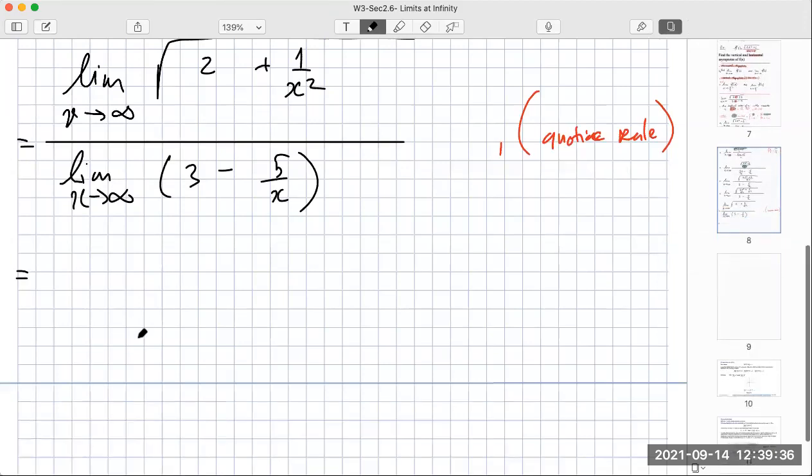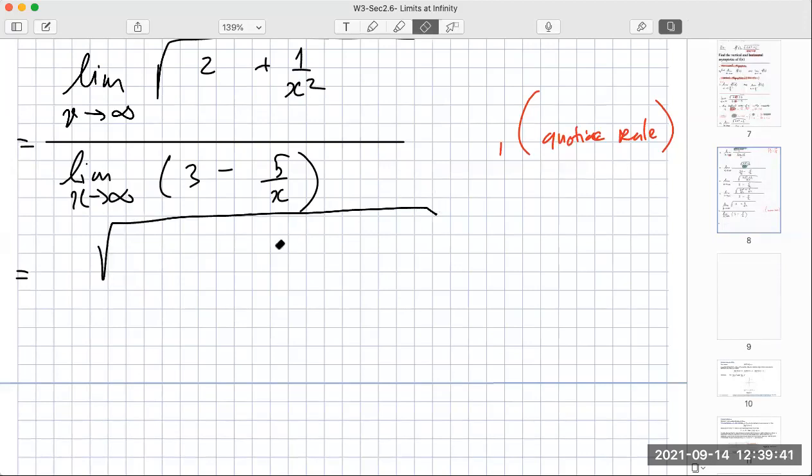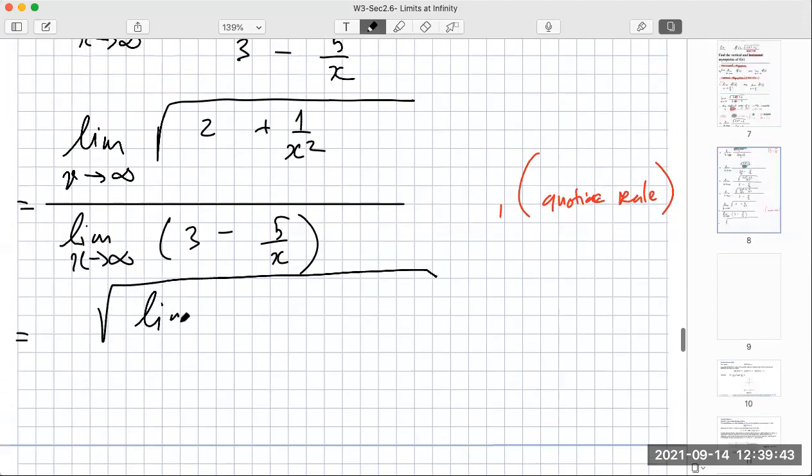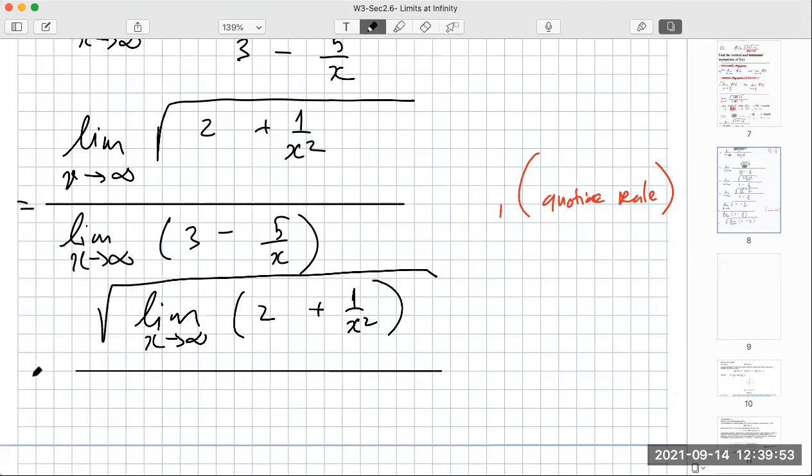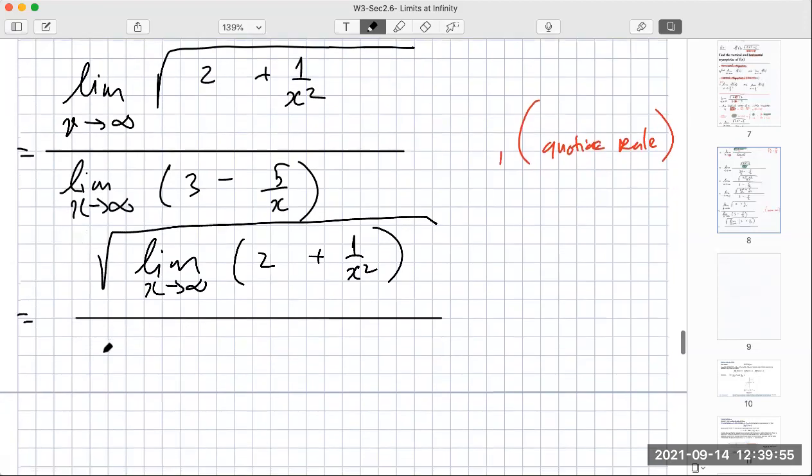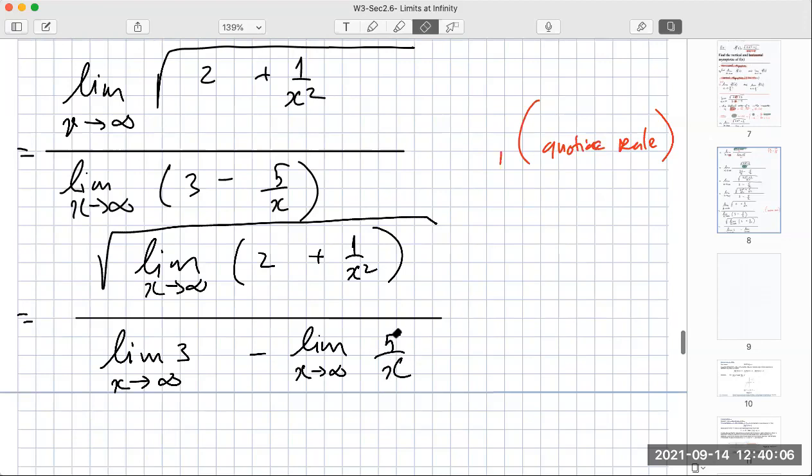Thank you so much. So anyways, we write it as the square root of the limit when x approaches infinity of 2 plus 1 over x squared, divided by, again, the limit of this constant when x approaches infinity minus the limit when x approaches infinity of 5 over x here.